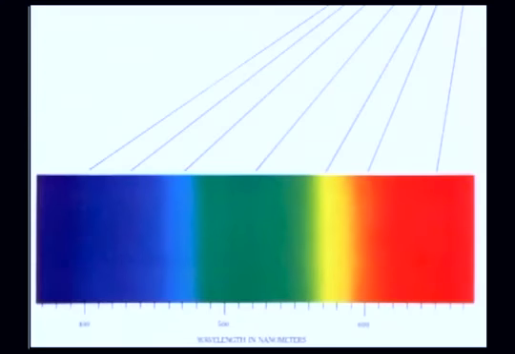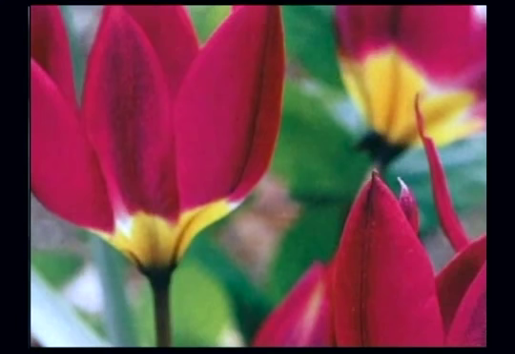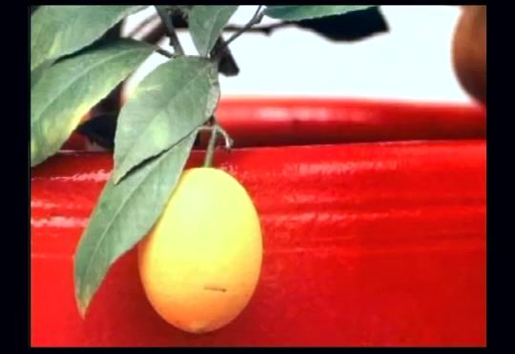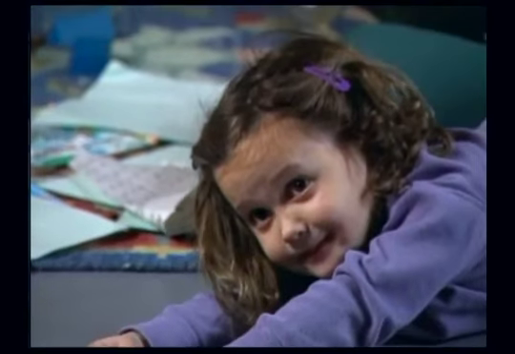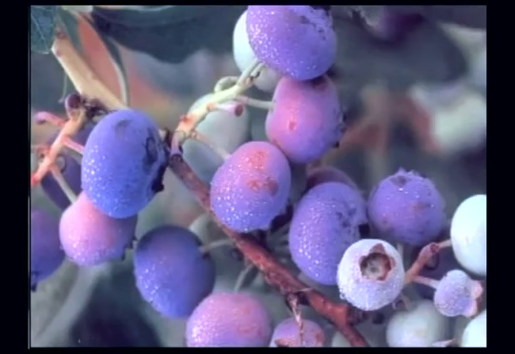First, a quick recap of color. Each color has a specific wavelength of light. Objects absorb light. And the wavelength not absorbed but reflected back to us is what we see as the color of the object. These beautiful blueberries absorb every color but blue.